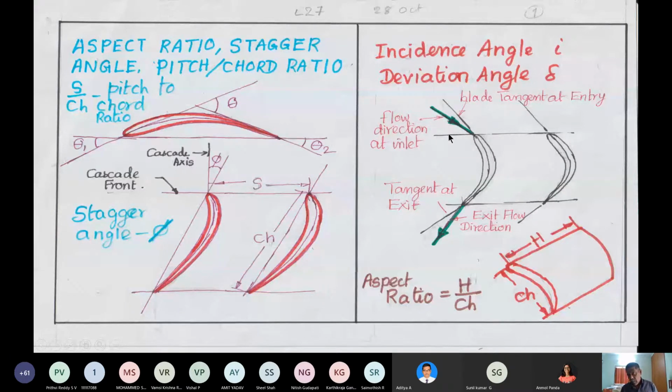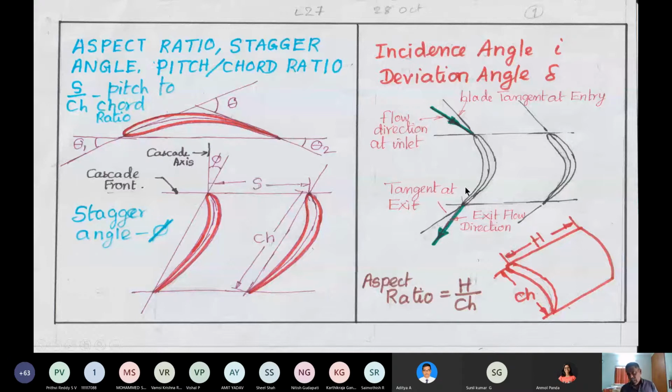If the direction of flow goes on the other side of the tangent, it will be negative incidence. Similarly, on the exit side, you have the blade tangent, you have the flow direction. So the angle between these two directions is the deviation. So how much the flow deviates from the tangent.